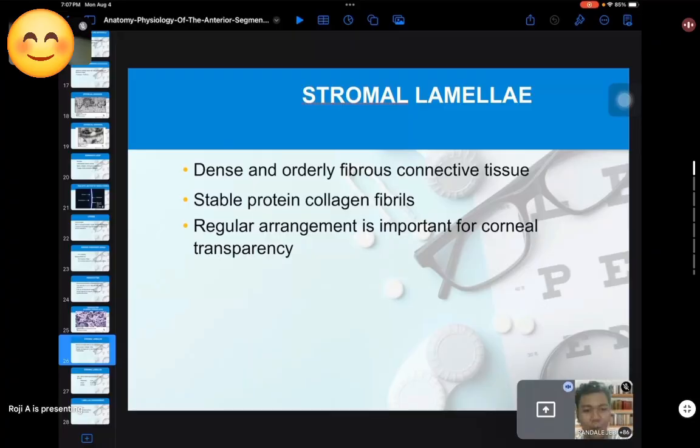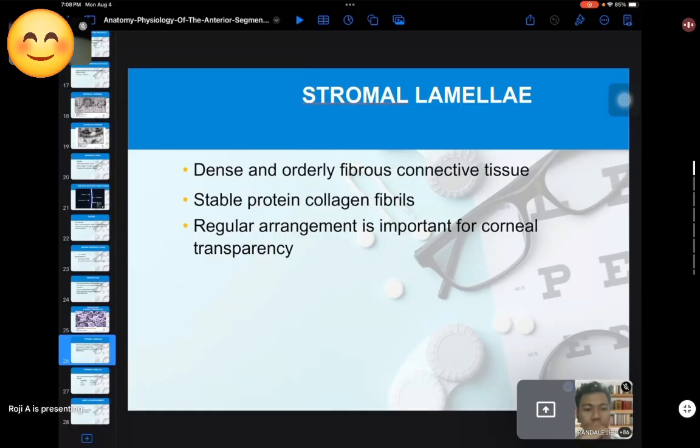All right. So the stromal lamellae, which is dense. When you say dense, it's hard, correct? Dense. That's why if your classmate is dense, it means we cannot pass through that hardness. Orderly fibrous connective tissue, stable protein collagen fibrils, regular arrangement is important.